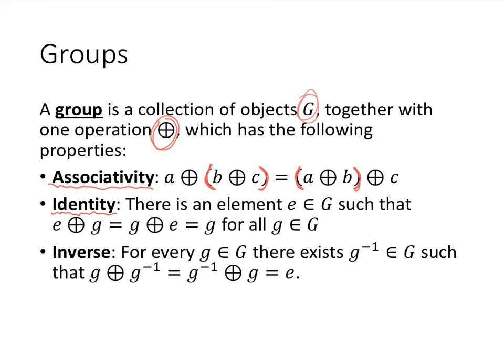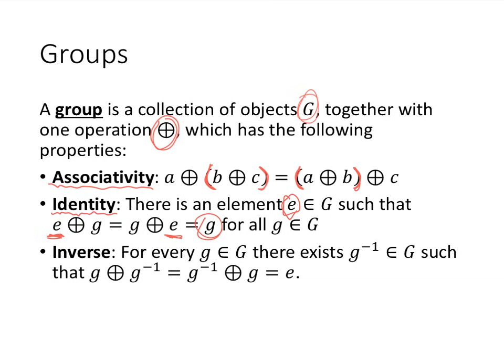So that means that there's a special element that we'll call E, although again, that's just sort of a general term. In practice, this element might be called 0, it might be called 1, so it's just some element of this group, so that when I use that operation with my identity element, nothing happens. So E plus G is the same as G plus E, and that just gives me G back.